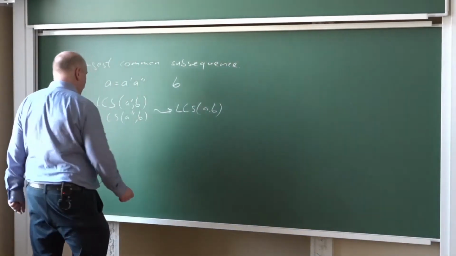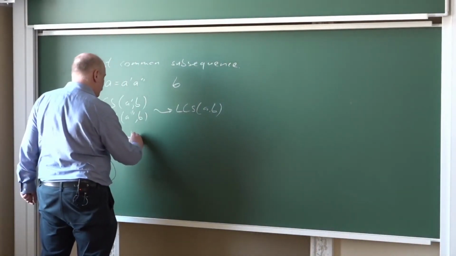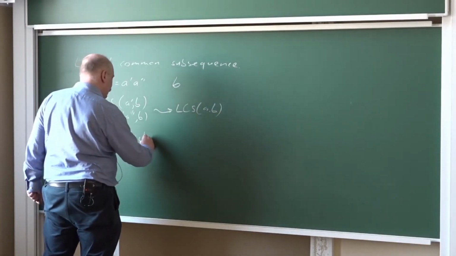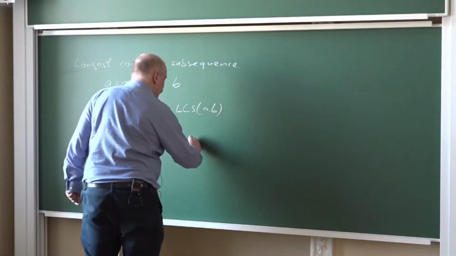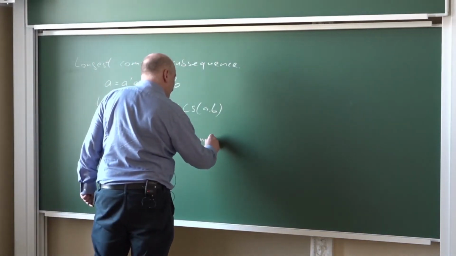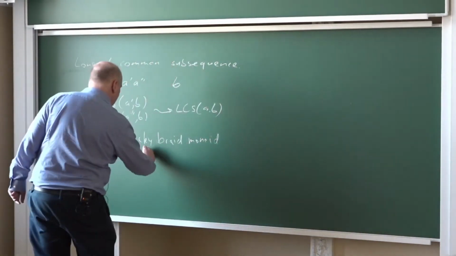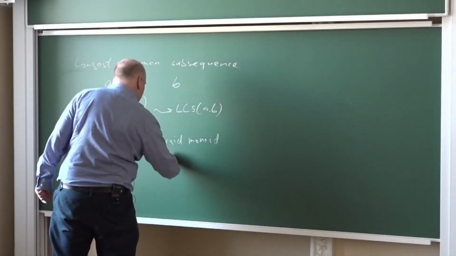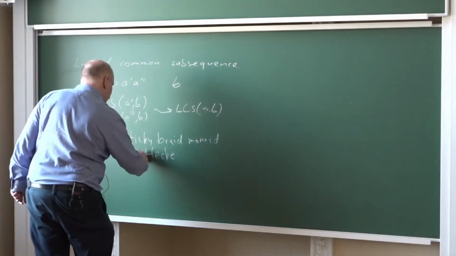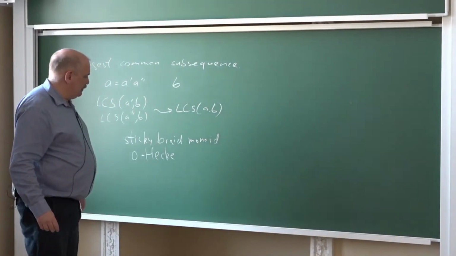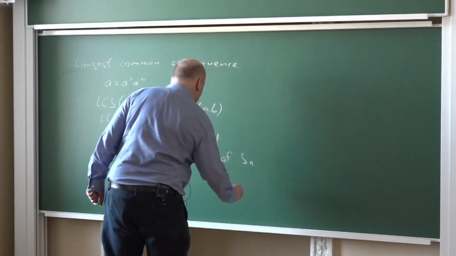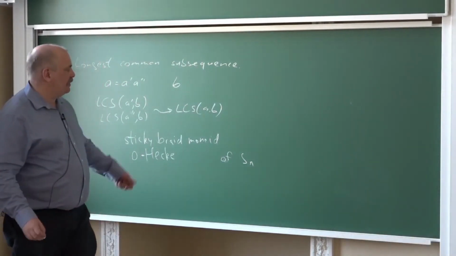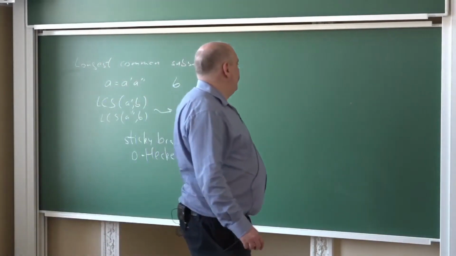I call it the sticky braid monoid. And officially, it's called either the Hecke monoid or zero Hecke monoid, or some zero Hecke monoid of the symmetric group, and so on, because there are various generalizations to other groups.